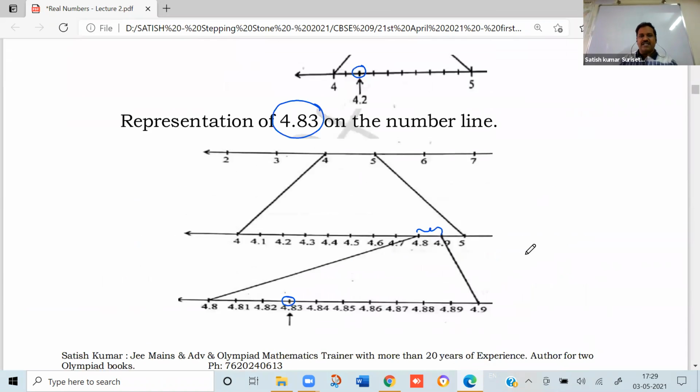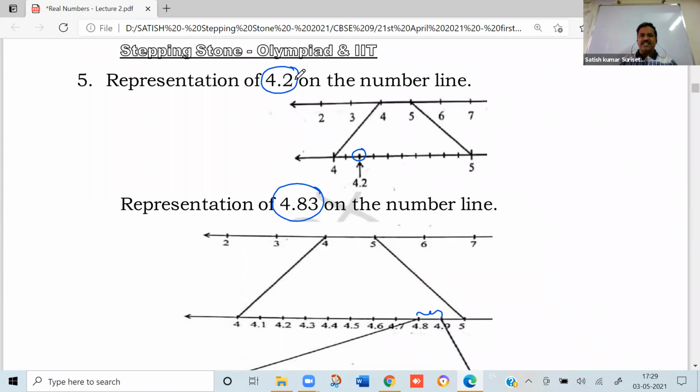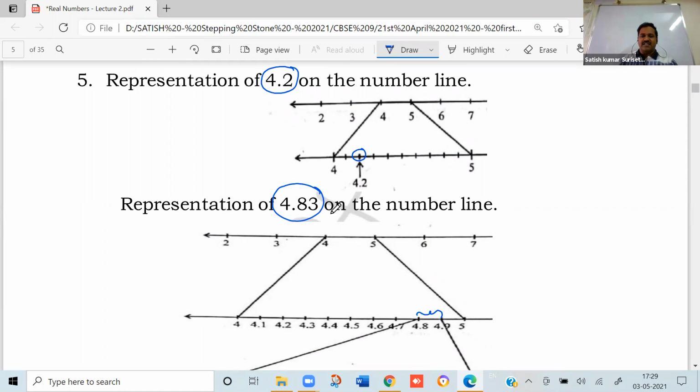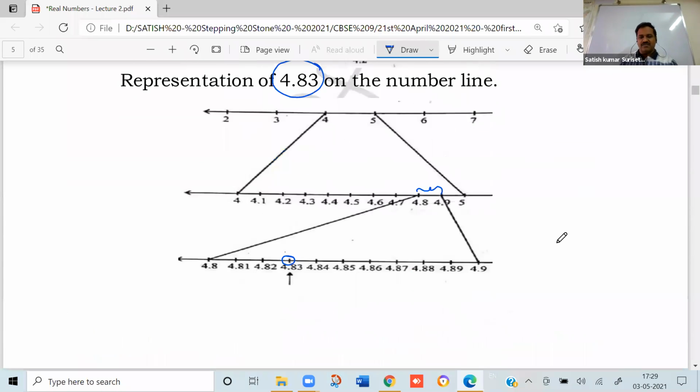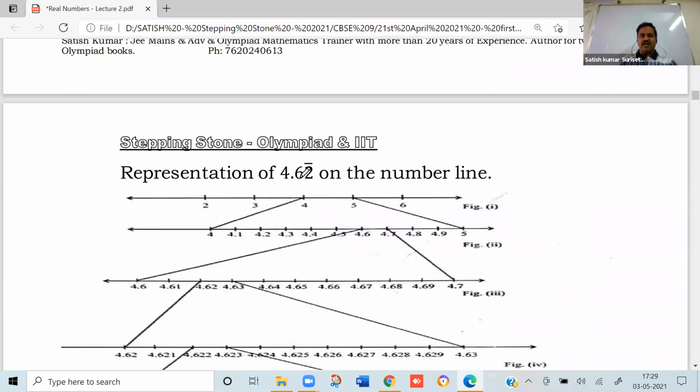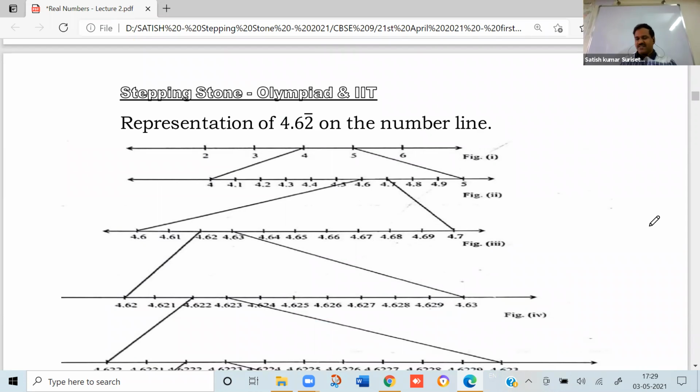So far these are terminating numbers: 4.82 is terminating and 4.83 is terminating. Suppose it is non-terminating and repeating, then how to do it? Let us consider 4.62 bar, meaning 4.6222 and so on. The procedure is the same. First between 4 and 5, magnify and take 10 equal parts. Now 4.6, 4.7, again magnify it, 10 equal parts.